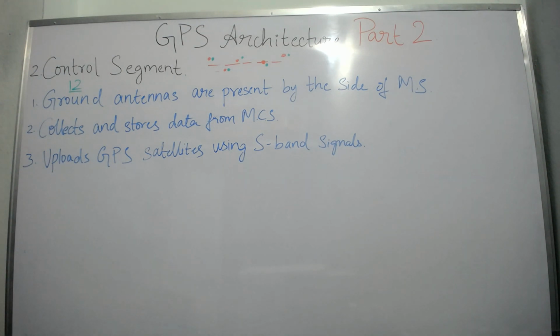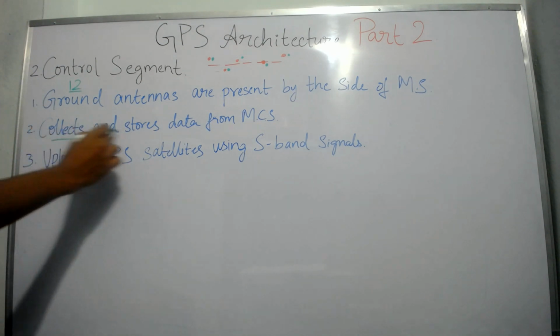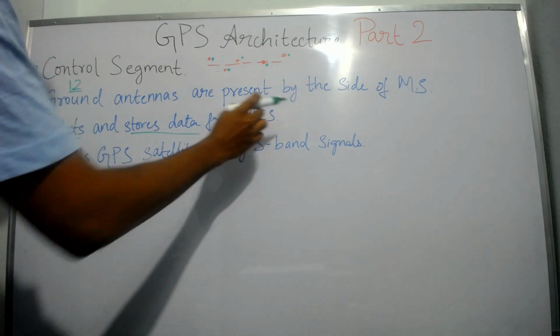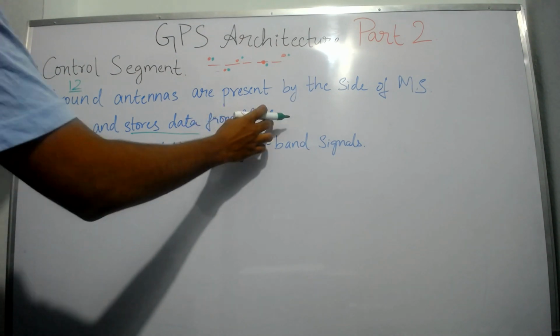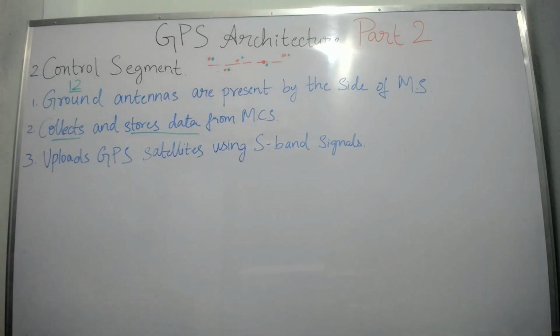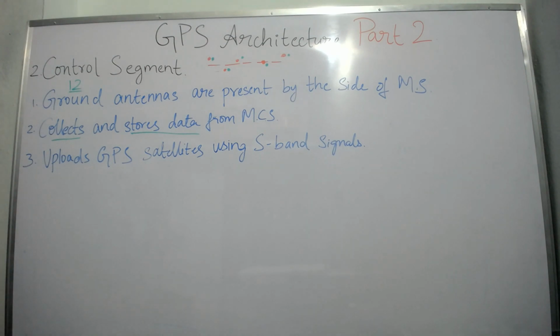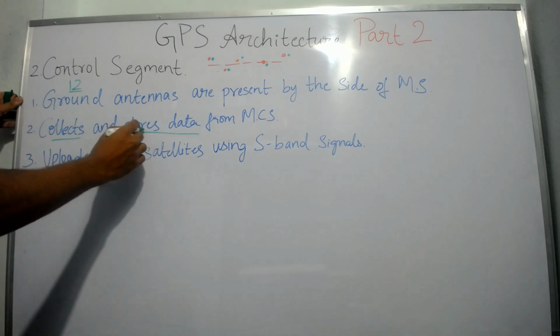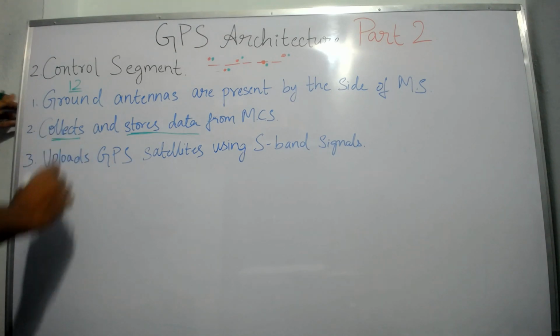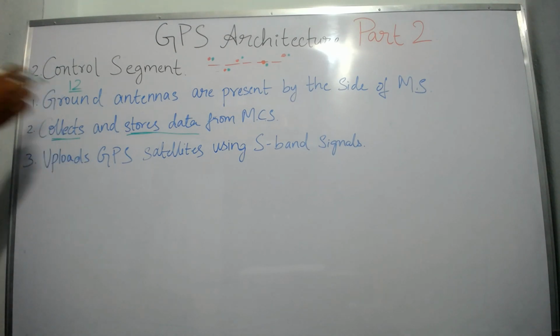These antennas collect and store data from the master control station. As I told you, through ground antennas, the master control station provides commands, keeps control, and uploads the navigation message and other data to the GPS satellite. So this information is stored and collected by the ground antenna.